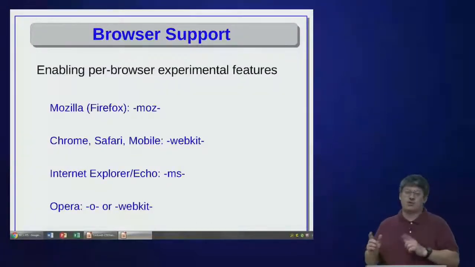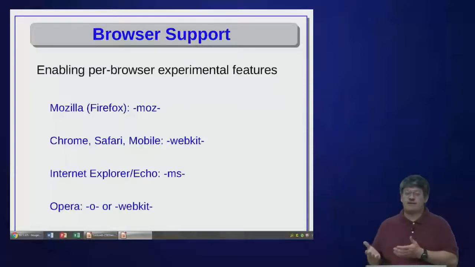But if you use border-radius, most browsers won't support it. They'll just ignore it and give you square corners. That's because while there is code for doing the rounded corners, it's not really tested well enough for them to release it. So if you want to access those features, you can, but you have to put a special prefix in front of your property.